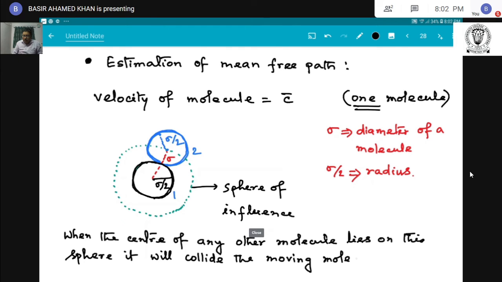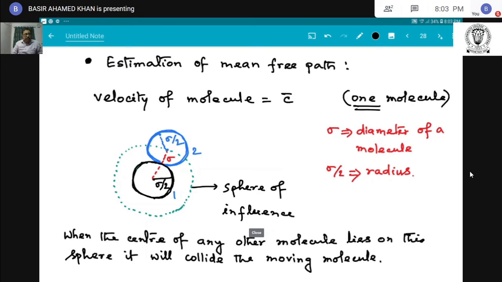Moving molecule means the molecule which is moving. Here in the figure the black sphere is the moving molecule. This molecule collides with another molecule only when the center of the other molecule lies on the sphere of influence.